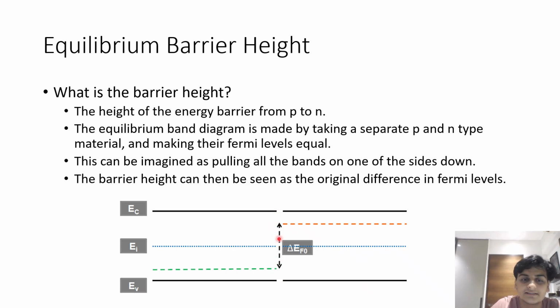So we are just going to consider them as separate p-type and n-type materials, and we'll then claim that when you make that combined band diagram, the energy difference that you get is simply the energy difference between the Fermi levels. And so you can see that barrier height as this difference in Fermi levels. So if we can calculate this difference in Fermi levels, we can calculate the barrier height. Cool.